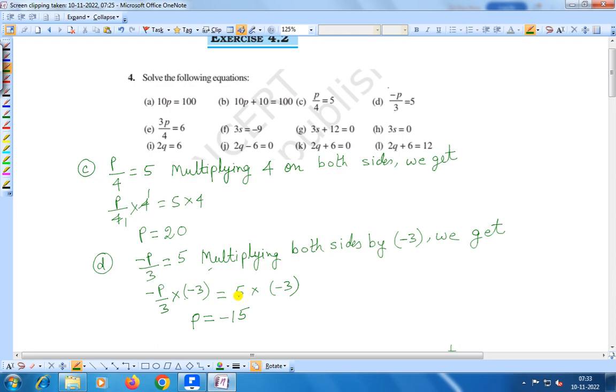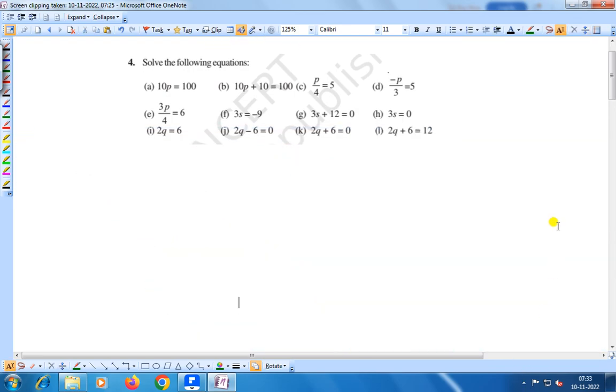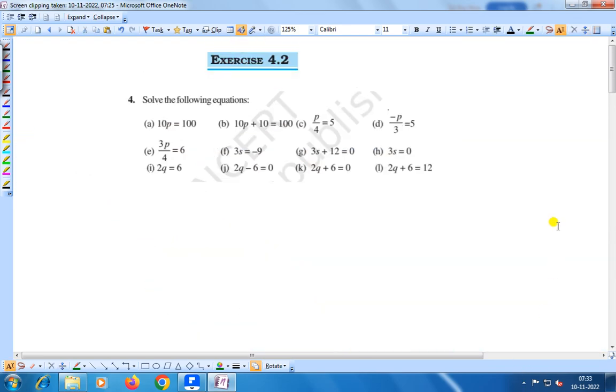Now question number E. Question number E is 3p by 4 is equal to 6.